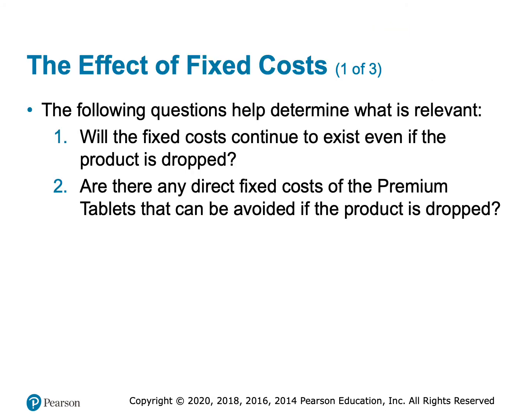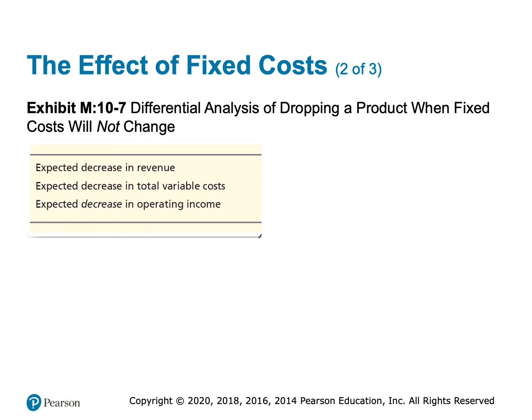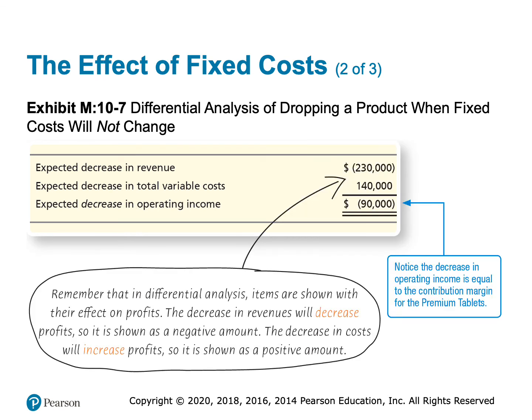So we need to ask ourselves, will those fixed costs continue? And are there any of the fixed costs that could be avoided, that could go away if we drop the premium product? So if we are assuming that the fixed cost will not change, then we will lose $230,000 in revenue and we will only save $140,000 in cost.